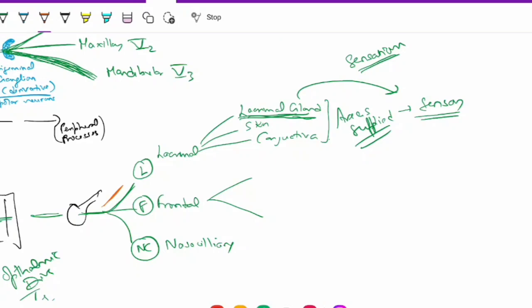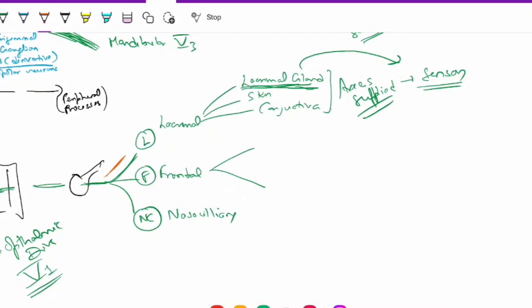So let's say if I am the lacrimal gland, I receive my main supply from the lacrimal nerve of the trigeminal ophthalmic division, and I will give it sensations. Along with the lacrimal, who is the main officer, will come another officer who will ask me to secrete tears. That is another nerve. We understand it like this. Anyways, we'll not get into that as of now. We'll get into it when we study the maxillary division. It will help us clarify a lot of things.